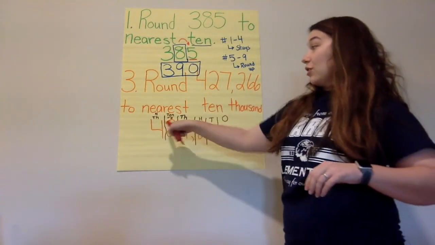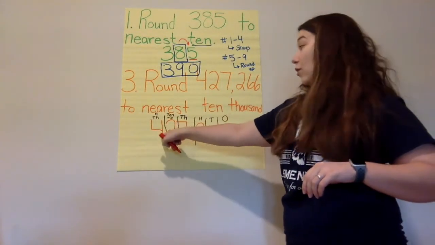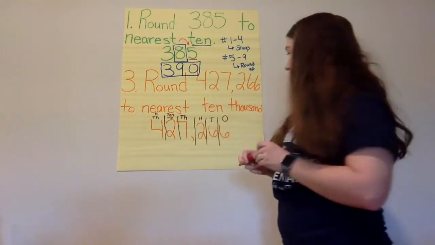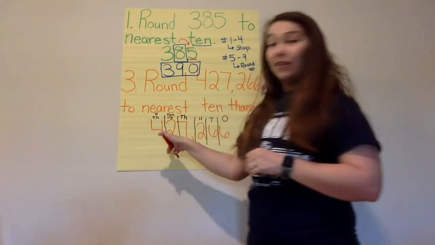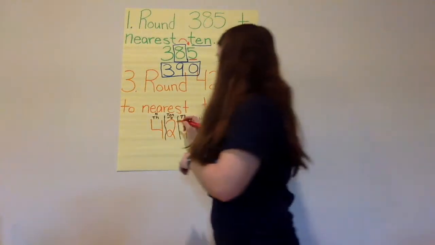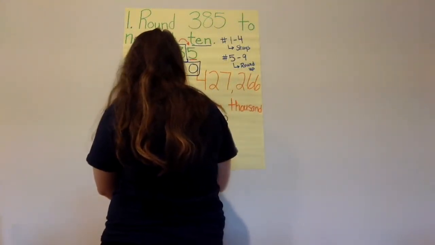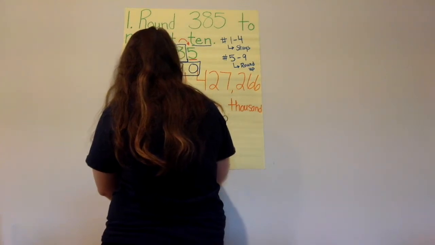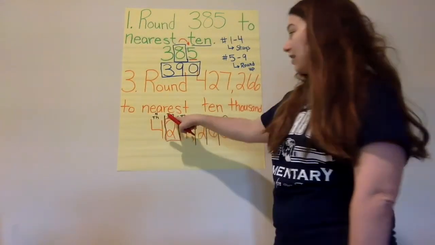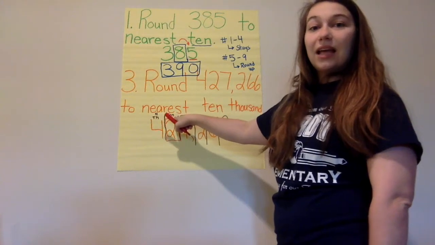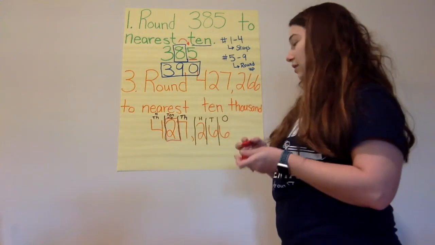Did you say the 2 in 427,266? The first 2 you come across? If so, that is correct. Go ahead and box that 2. We labeled and we figured out that this 2 was in the 10,000s place.